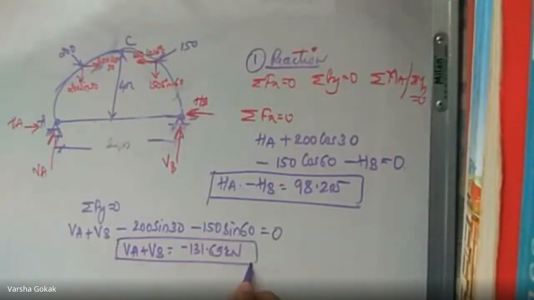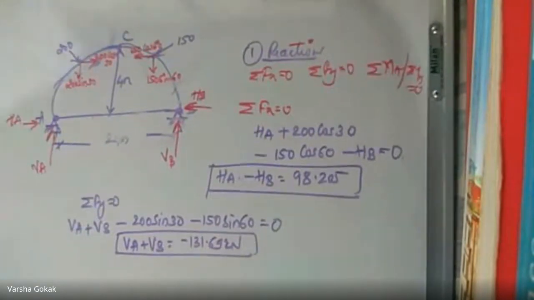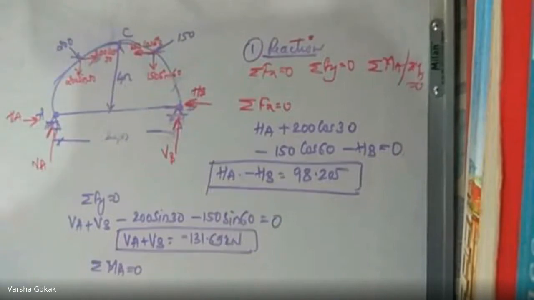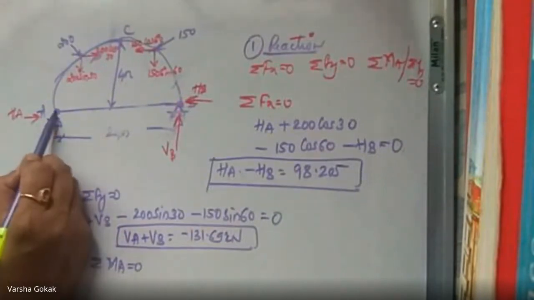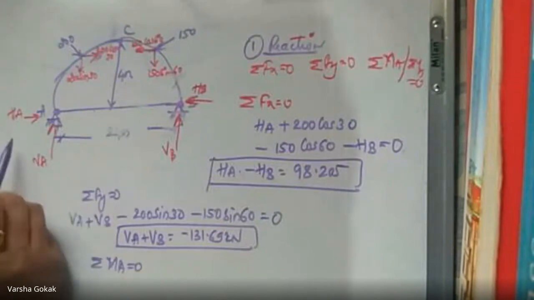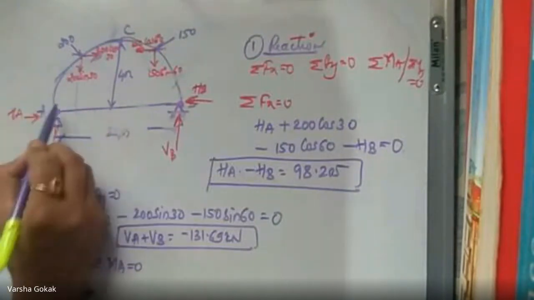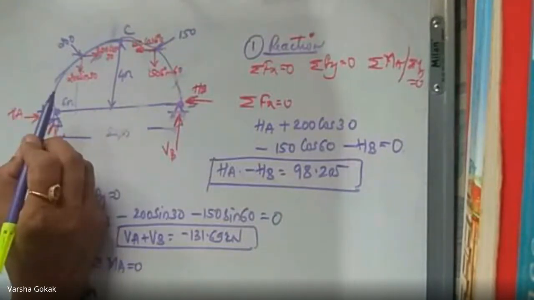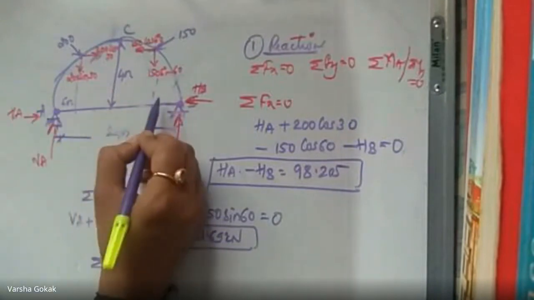Okay, fine. Then we will take moment at A equal to 0. Let us take moment at A equal to 0. So when I'm taking moment of all the forces at A equal to 0, observe, these distances I have not given now. This is 6 meters and this is... VA plus VB, it should be minus 229.90.